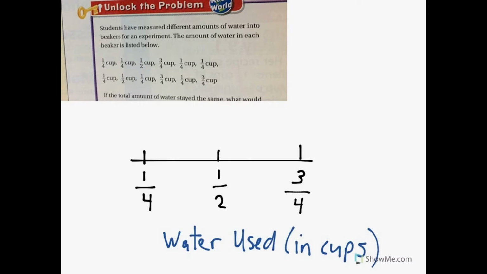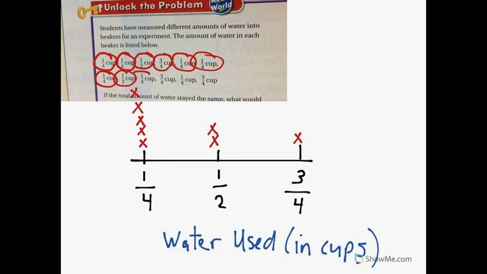So I'm going to go, I have 1/4 of a cup, put an X. Another 1/4 of a cup, another X. 1/2 a cup goes above 1/2 a cup. 3/4 of a cup goes there. 1/4 of a cup, another 1/4 of a cup, another 1/4 of a cup, 1/2 a cup, 1/4 of a cup, 3/4 of a cup, another 1/4 of a cup, and then another 3/4 of a cup.